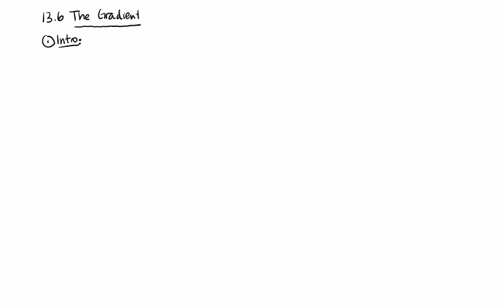In 13.5, when we looked at the directional derivative, what we're basically saying is if you have a function and you choose a direction, you can figure out the rate of change in that direction, right? So given some, let's say, in 2 dimensions, for example, if we choose a u, let's say a unit vector, then this is the directional derivative.